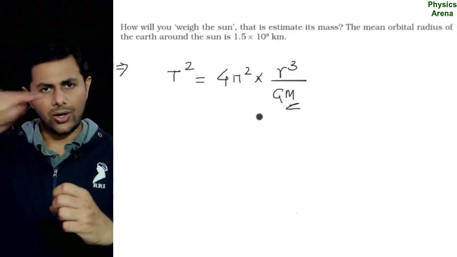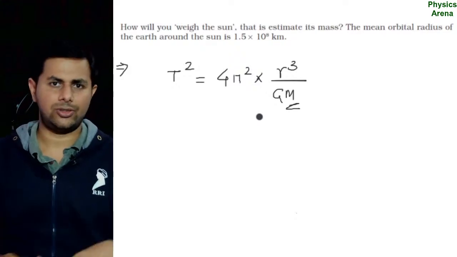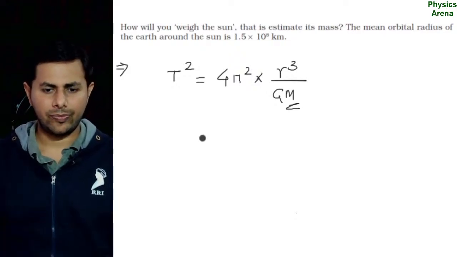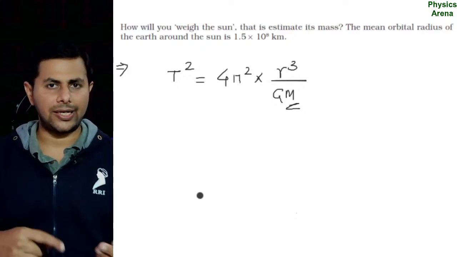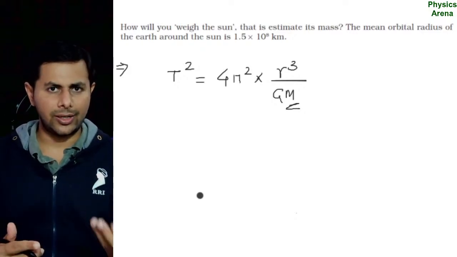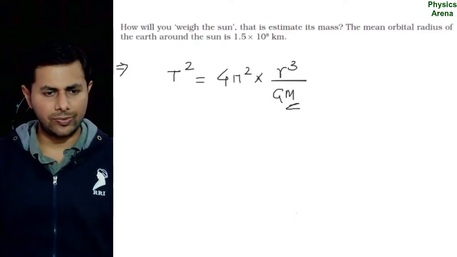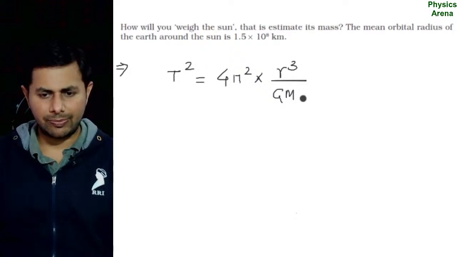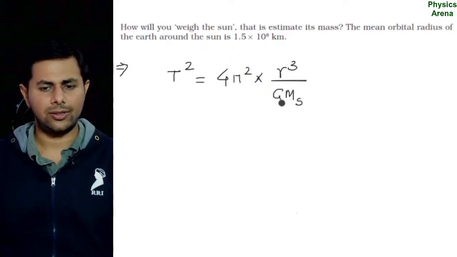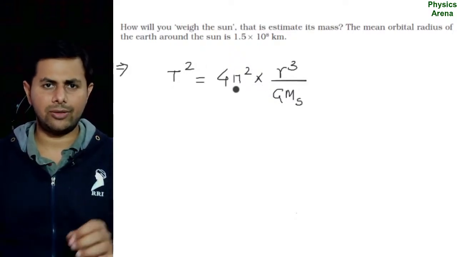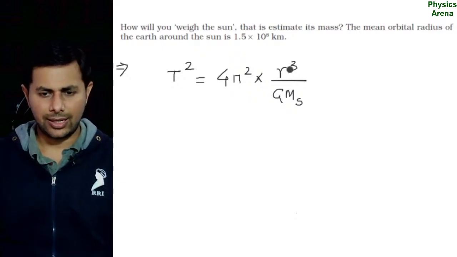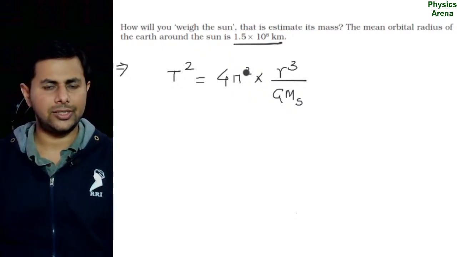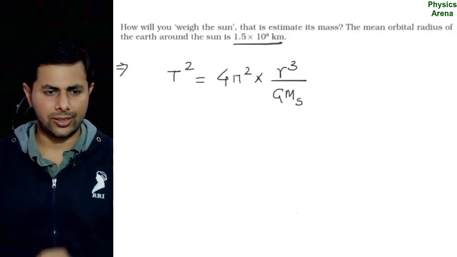Here Earth orbits around the Sun, so the formula for the time period will be the same as that for a satellite orbiting around Earth. Just the mass of Earth will be replaced by the mass of Sun. Okay, so it's the same formula, T equals 2 pi square root of r cube by GM. And what is r? It is the mean radius of Earth's orbit around the Sun.